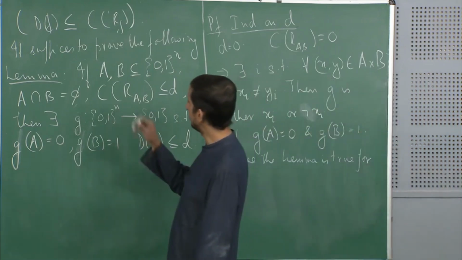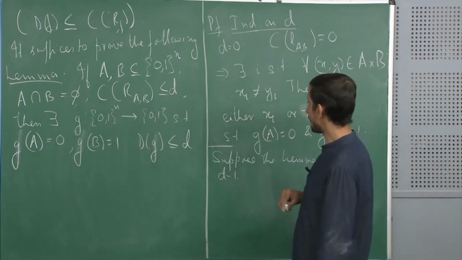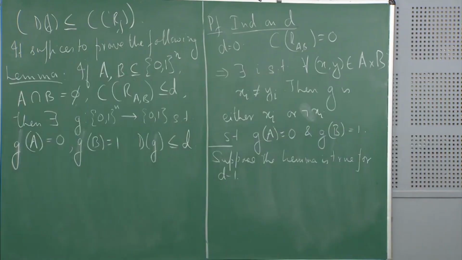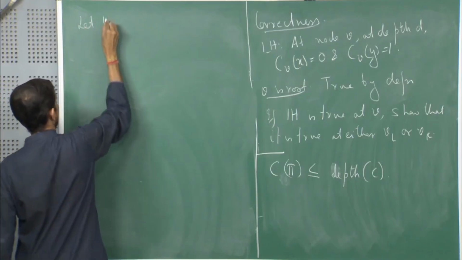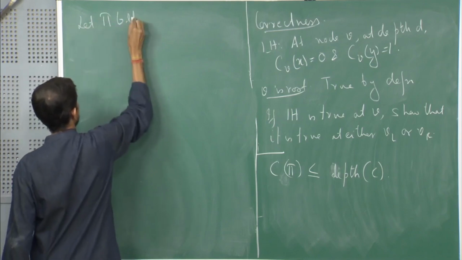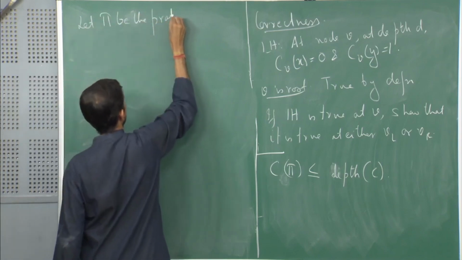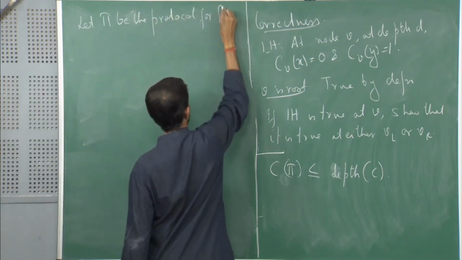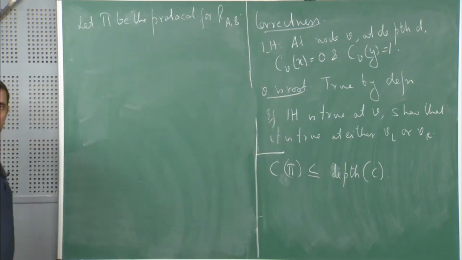Then what can we say about D? Let pi be the protocol for RAB, whatever that protocol is.